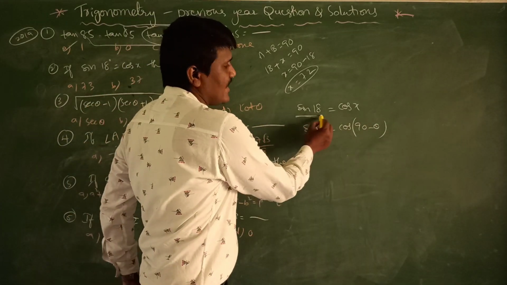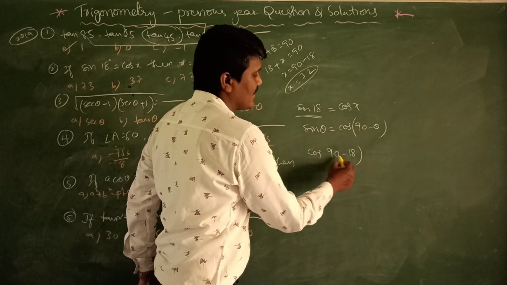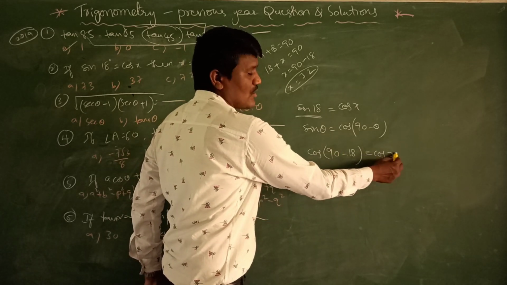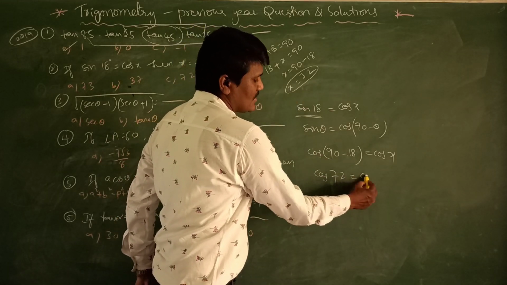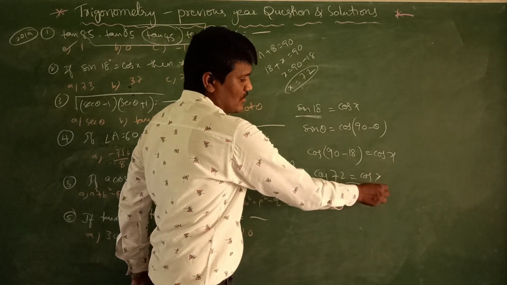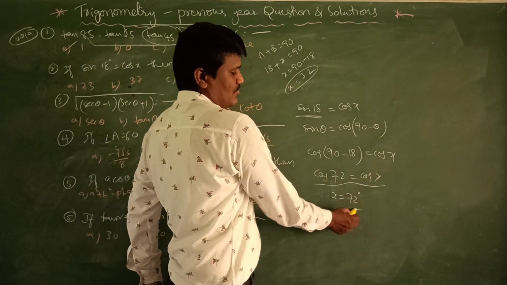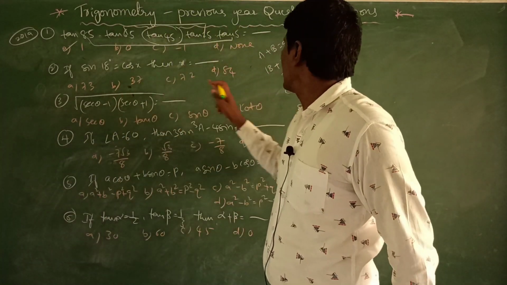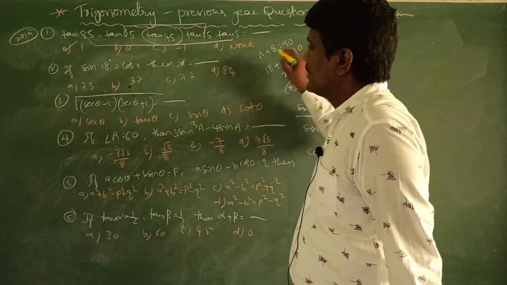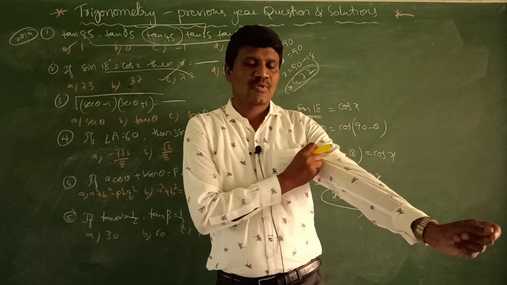So sin 18 is cos of 90 minus 18 is equal to cos x. So cos 72 is equal to cos x, which means x is equal to 72 degrees. That is the answer. Directly you can say 18 and 72 both are complementary. So the answer is 72. Okay students.